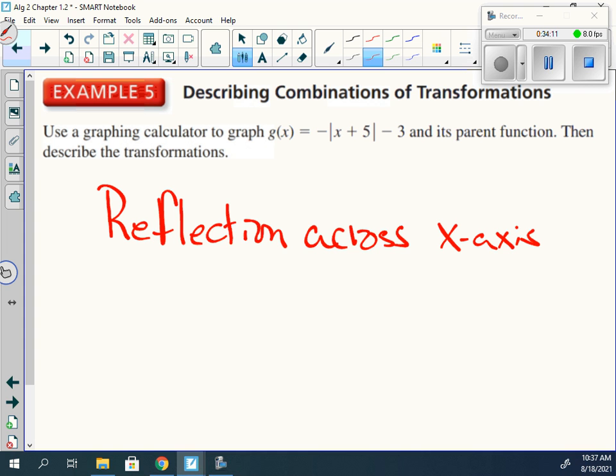Okay, what else is there? Left 5, yes. So this had 3 different transformations. And that's it. Questions on this here?